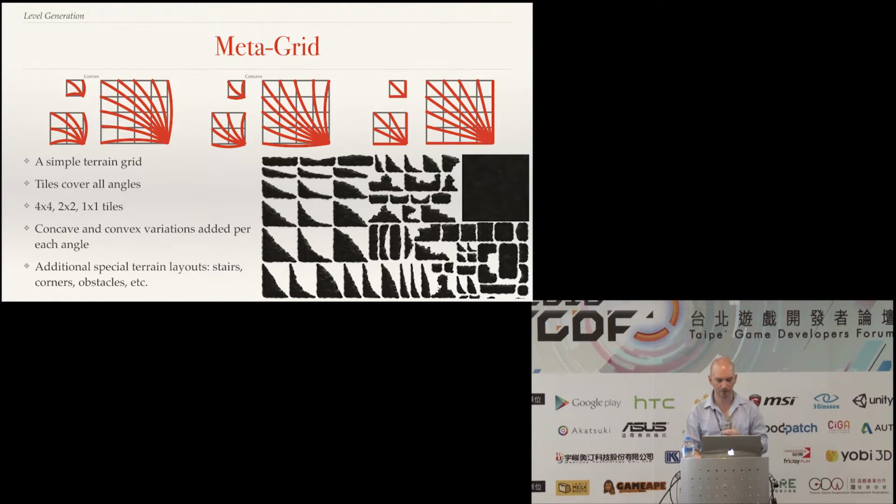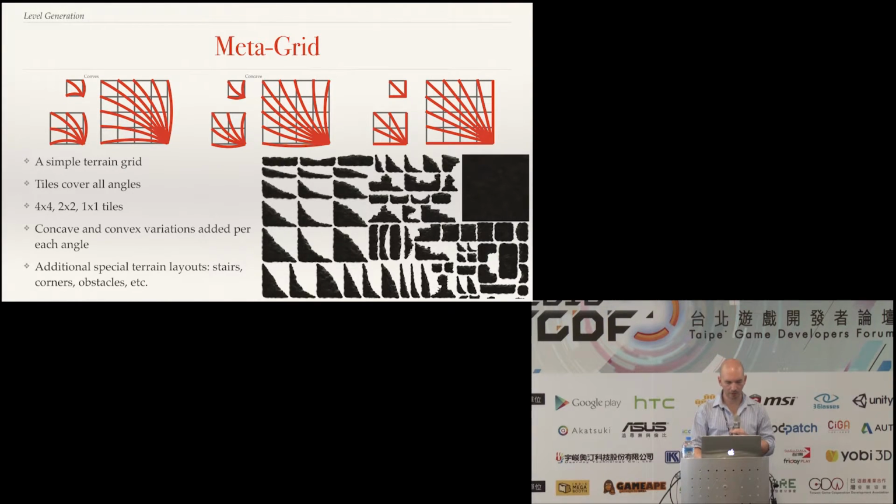So here's the metagrid. You start with a simple terrain grid, and the tiles cover all the angles. So you have all the different angles, then you can later flip them from left to right or right to left. And then you do this for 4x4, 2x2, and 1x1. So you already have a lot of different options of how to combine them.